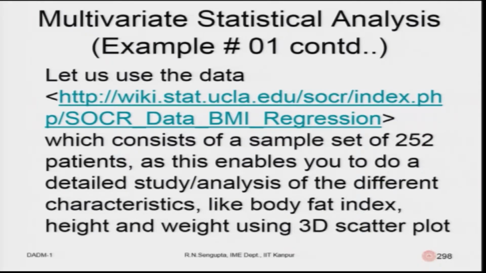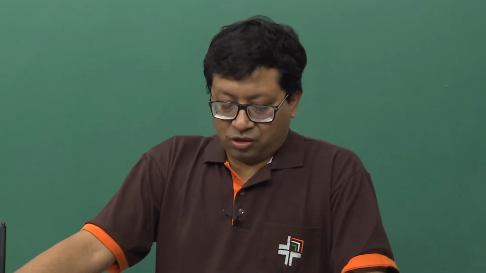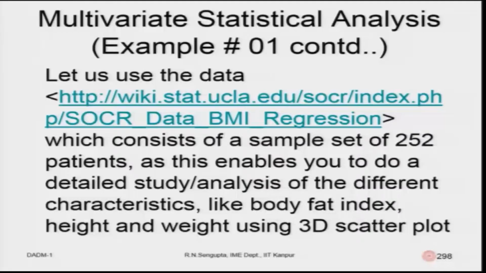This is more of an interest-making session, where you will understand why I am citing these examples and what their relevance is. The data consists of a sample set of 252 patients, as this enables you, the dietitian, to do a detailed analysis of characteristics like body fat index, height and weight using a 3-dimension scatter plot.